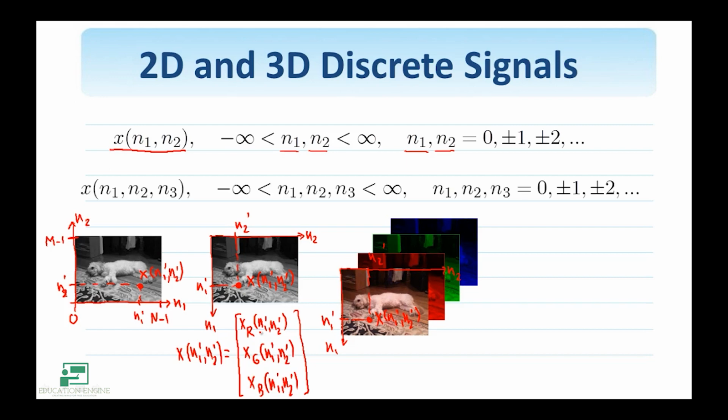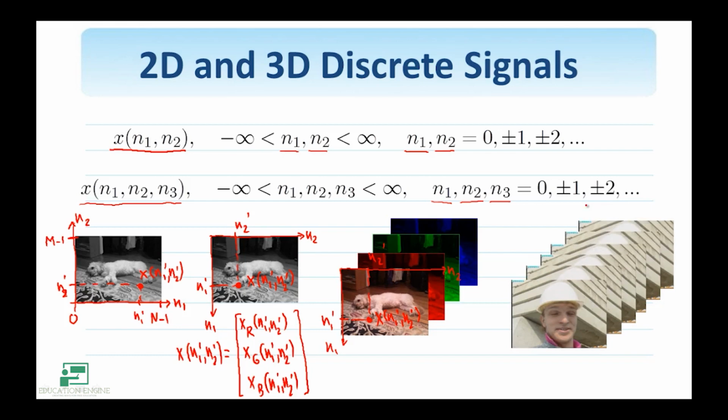When I deal with 3-dimensional discrete signals, then x(n1, n2, n3) is the representation. n1, n2 and n3 are integers. And again, mathematically speaking, they can range from minus infinity to plus infinity. So here is a collection of frames representing a video. I can choose n1 going down this way, n2 is the second axis, and n3 is the third axis.